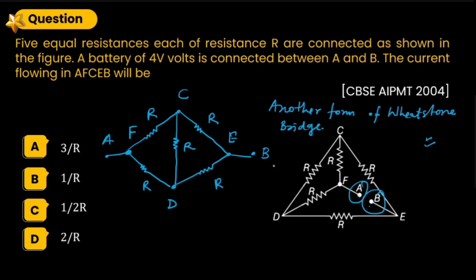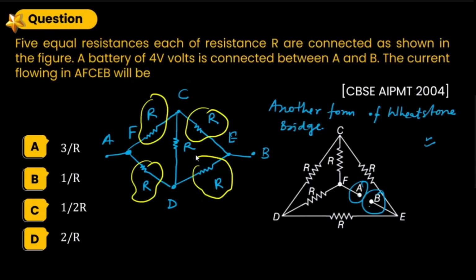So is this an ideal Wheatstone bridge? Does it satisfy that condition of the same ratio? This is one resistance, this is another resistance, this is the third resistance, and this is the fourth one.